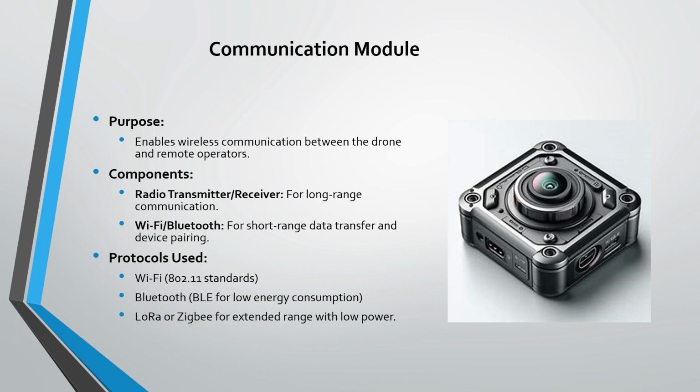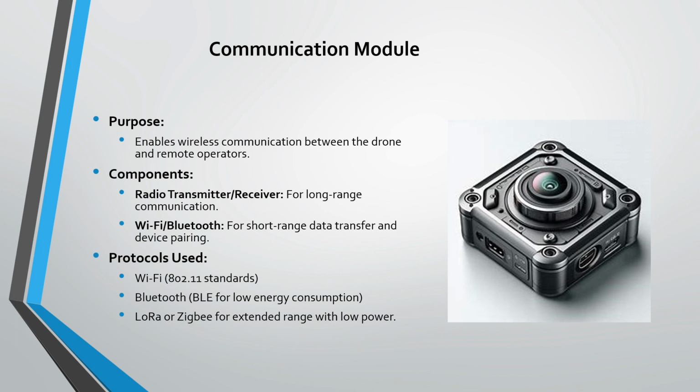Then the components used in the communication model are the radio transmitter or receiver for long range communication. The radio transmitter basically provides us long distance communication by radio frequency.